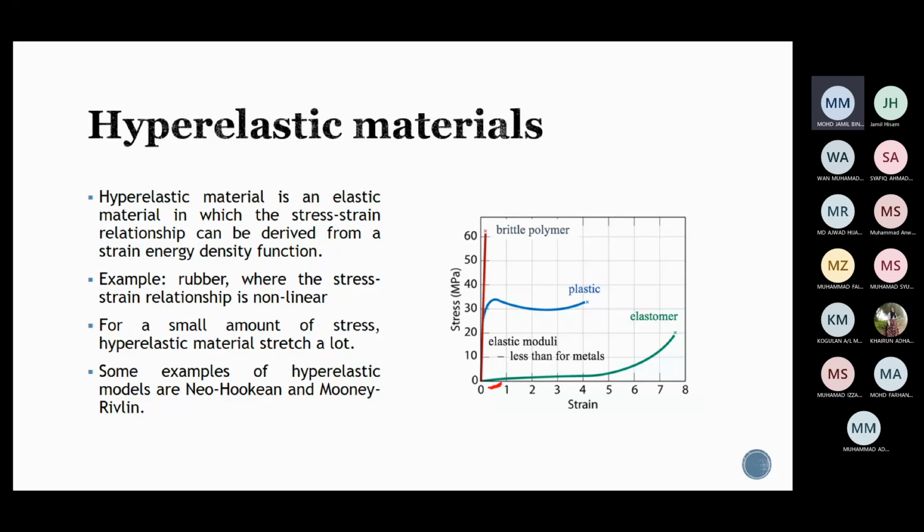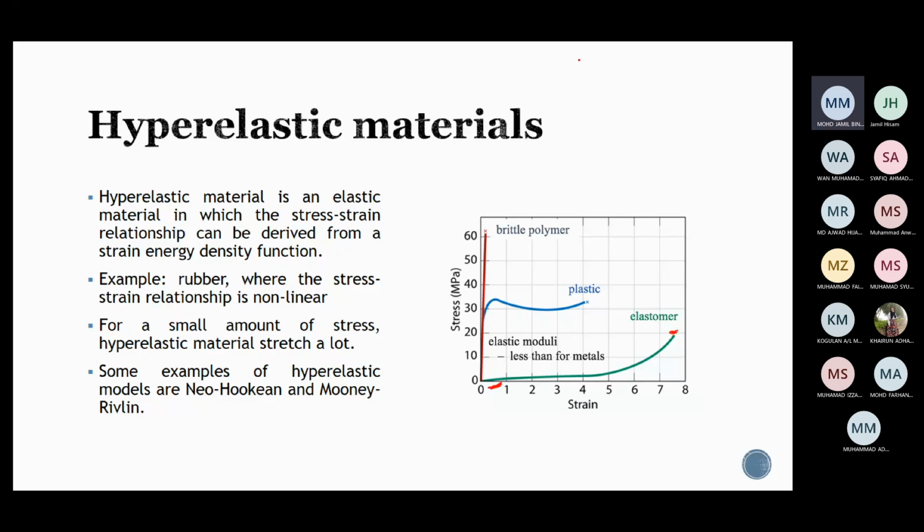The difference between hyperelastic and elastic material is that when you release the force, let's say at this point, the material will go back to its original shape, and it will take a lot of force or stress to break the hyperelastic material.